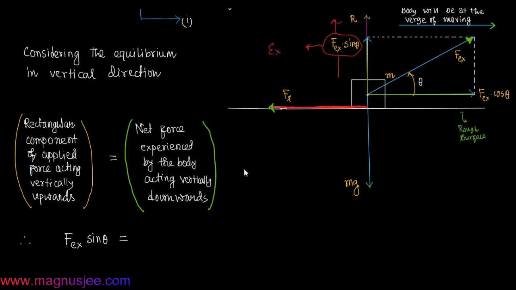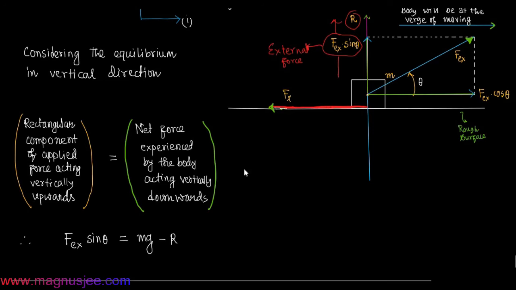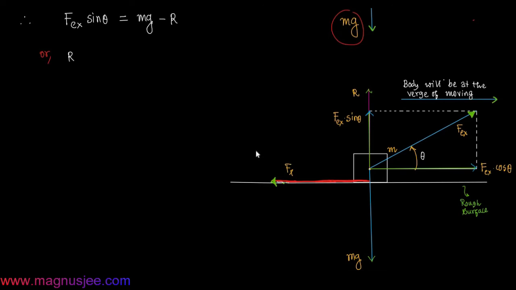Fex sin theta will be equal to mg minus R, not R minus mg, it should be mg minus R. Or R is equal to mg minus Fex sin theta, which is equation 2.